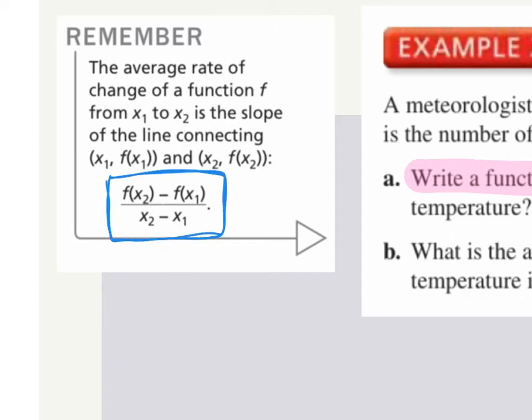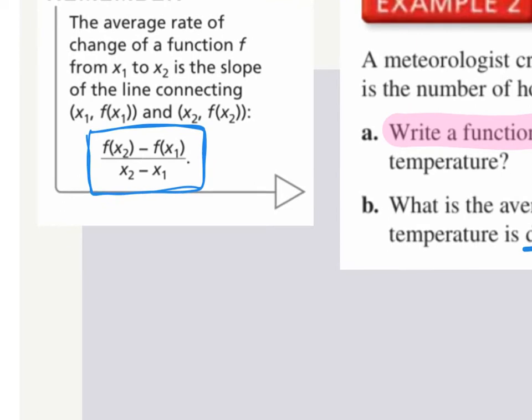This is our change in y's over the change in x's. So f of x is just a fancy way of saying y, so we could rewrite this as y2 minus y1 over x2 minus x1. So we take our change in y's and put it over our change in x's. So this is our rate of change.